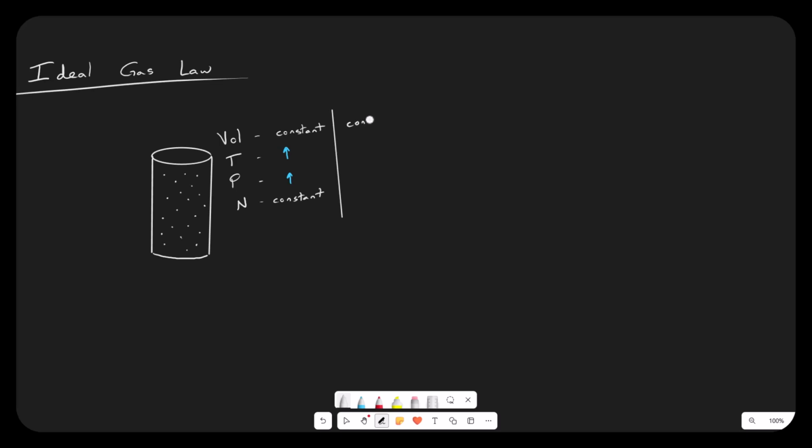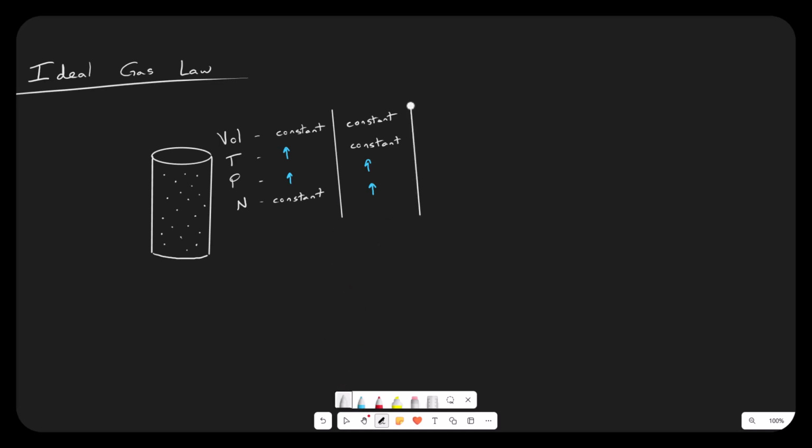What if we hold our volume constant and maybe our temperature constant also, but we increase the number of particles in here? Well, if we throw more particles in here, we're definitely going to get more pressure. So there's a relationship between pressure and number of particles.